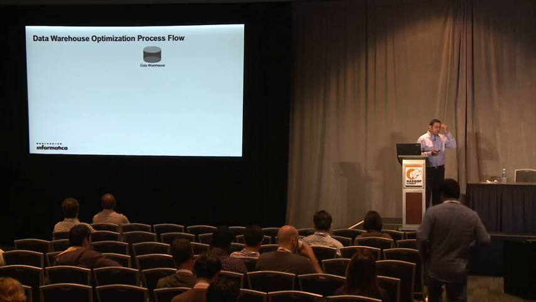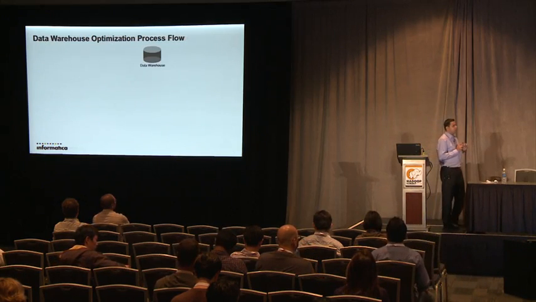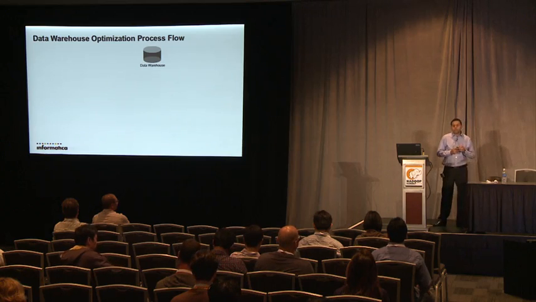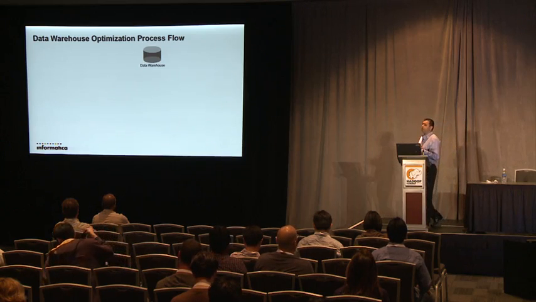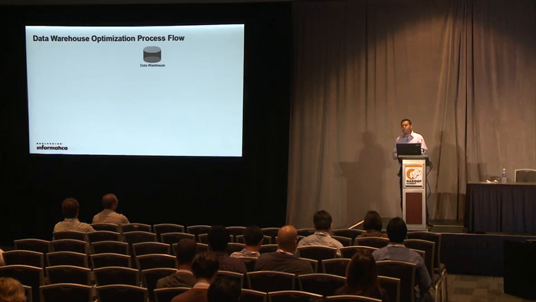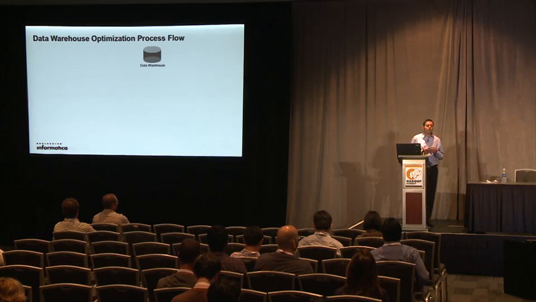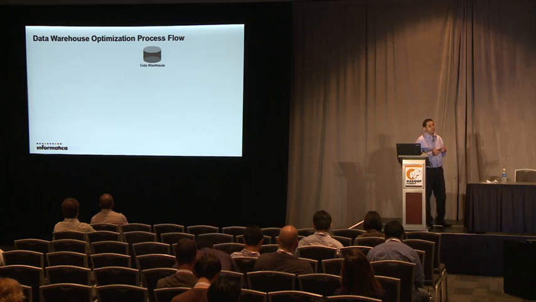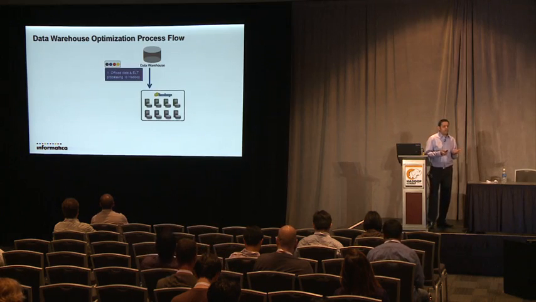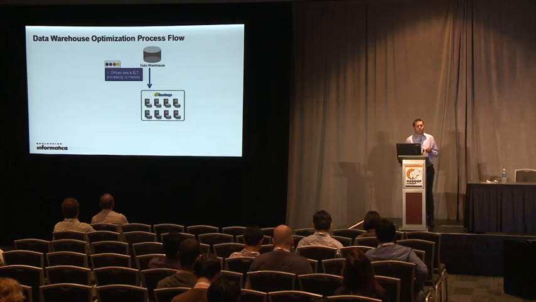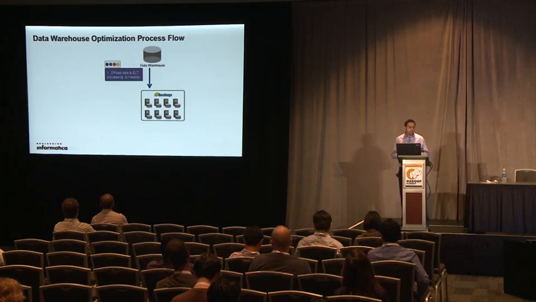So what does the data warehouse optimization process flow look like? The very first step is you need to identify any unused or infrequently used data in your data warehouse, and offload that to the Hadoop environment that you're trying to set up.